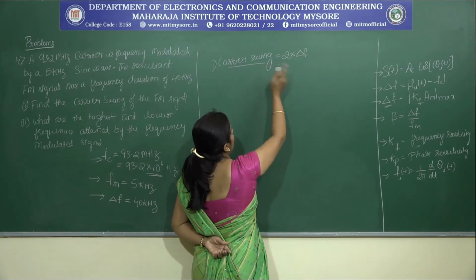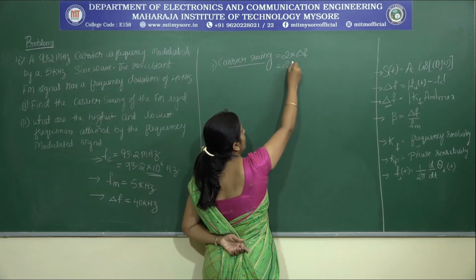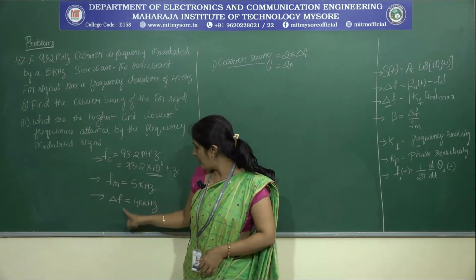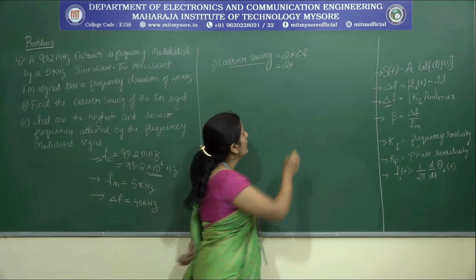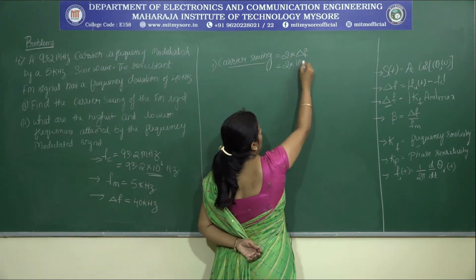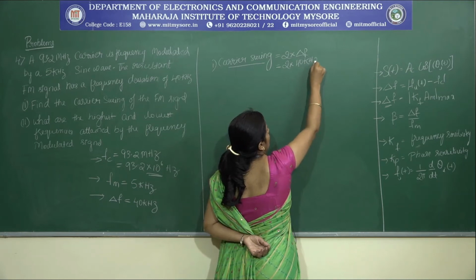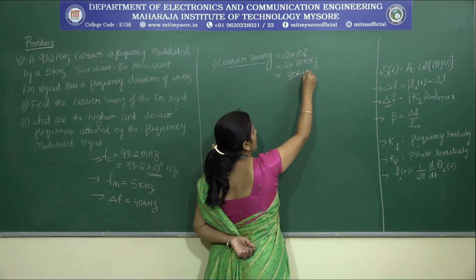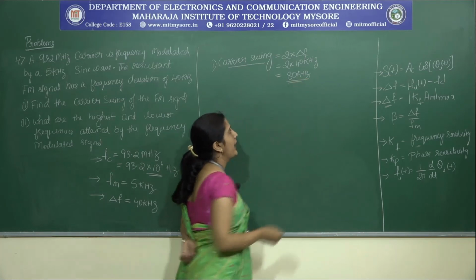So now carrier swing we can represent like this, 2 into delta F. We have got delta F is equal to how much? 40 kilohertz. 2 into 40 kilohertz, we are going to get 80 kilohertz. The carrier swing is 80 kilohertz.